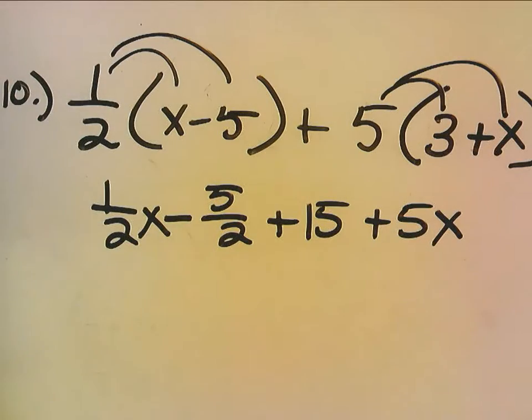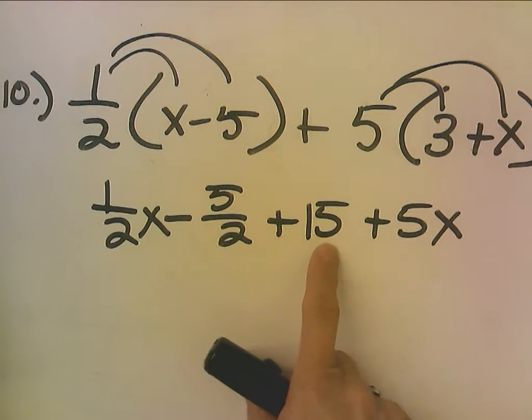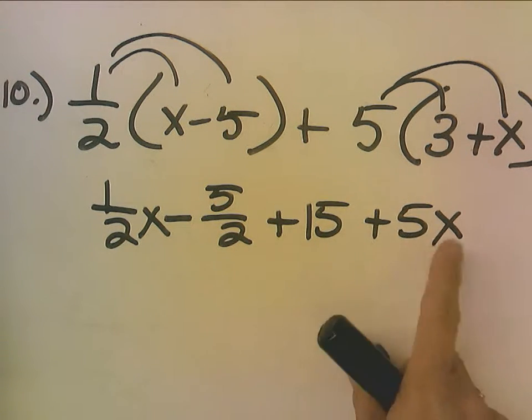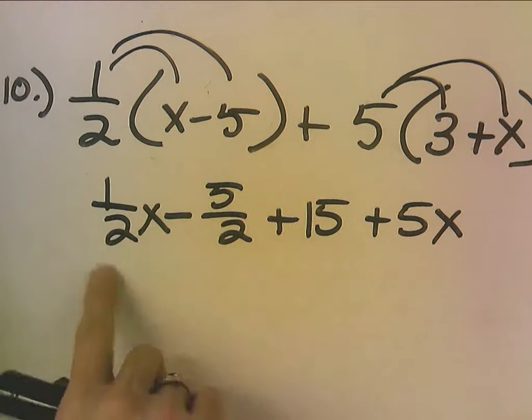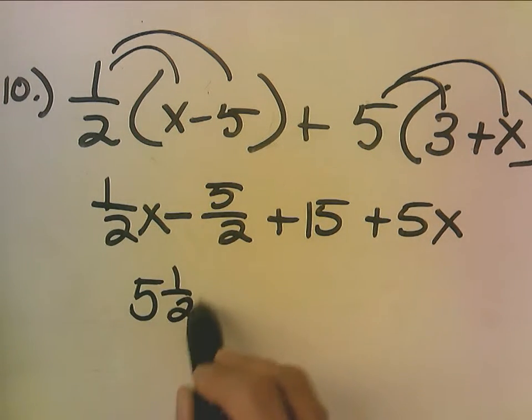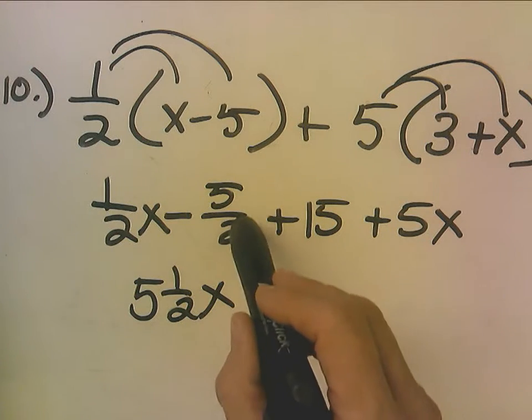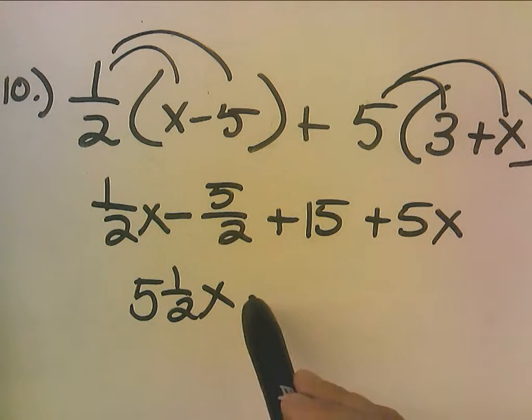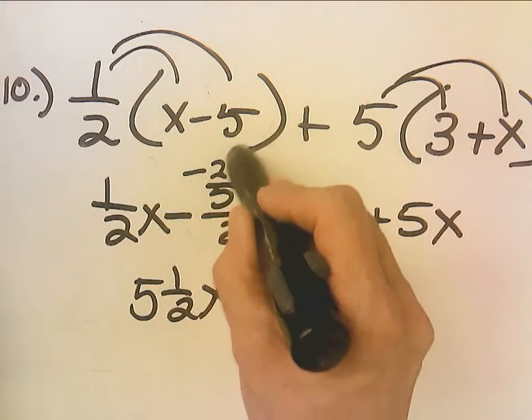Now, this is a little tricky because now I have to add an improper fraction and an integer and a whole number and a fraction. Well, the whole number and fraction's not so bad because 5x plus 1/2 x is just 5.5x. Now, negative 5/2 is negative 2 1/2.